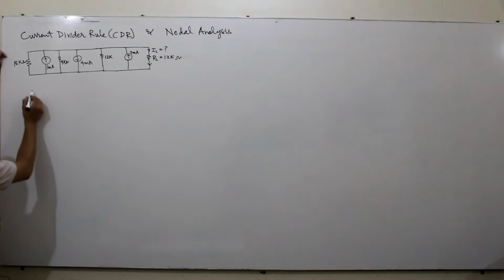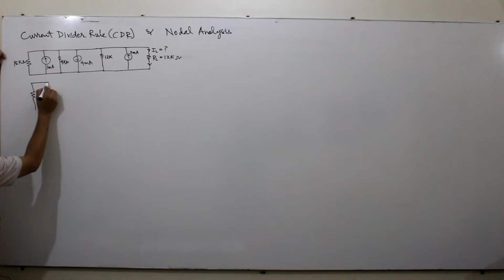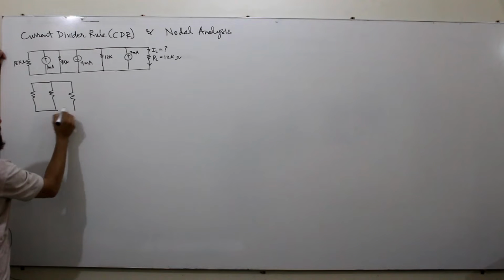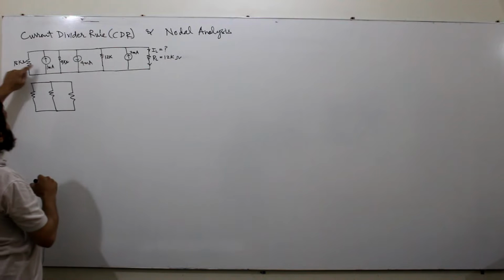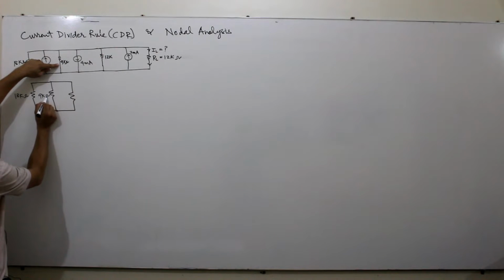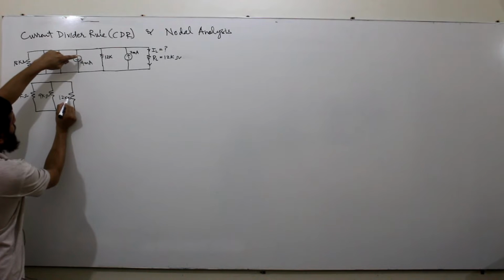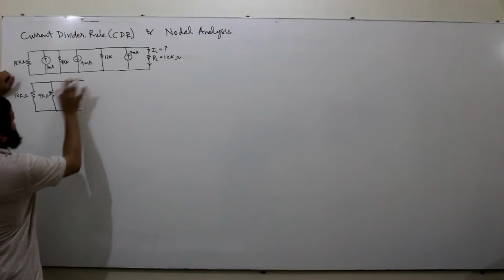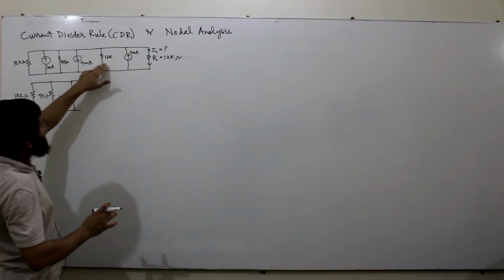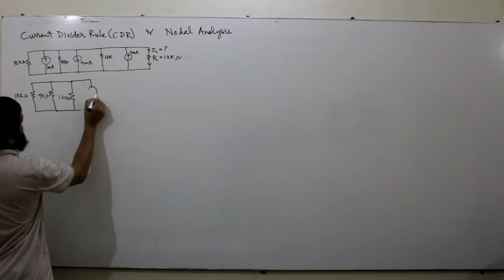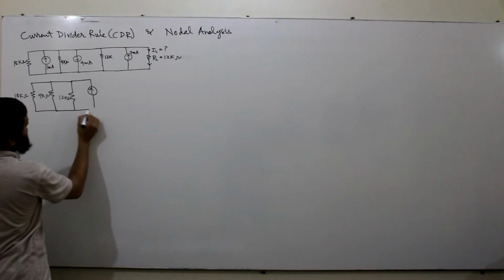Just for the sake of simplicity, we can connect resistors 1, 2 and 3, all these three resistors, in parallel configuration. One is 9 kilo ohm, and this one is 12 kilo ohm. Now we are putting the current sources together.